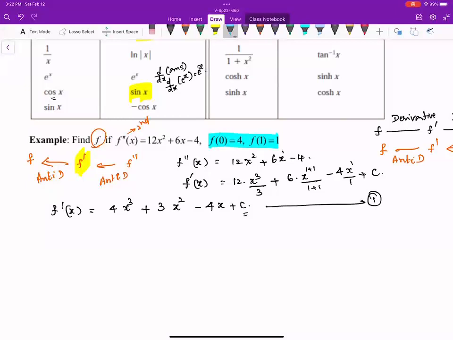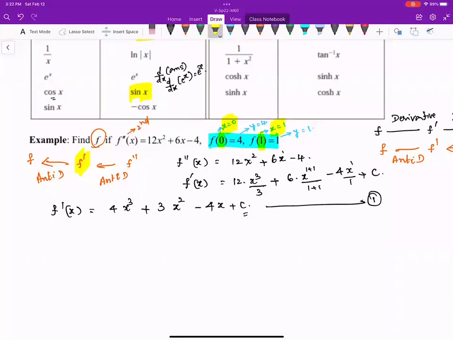When x equals 0, y equals 4. When x equals 1, y equals 1. It is about the input and output: input 0 gives output 4, and input 1 gives output 1.